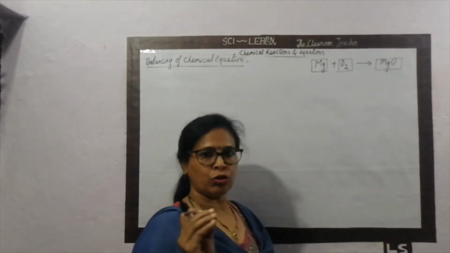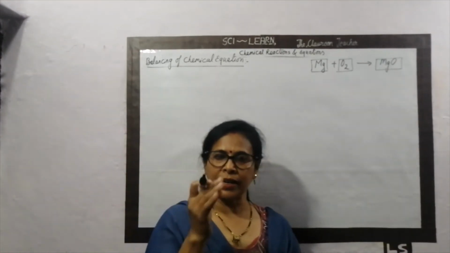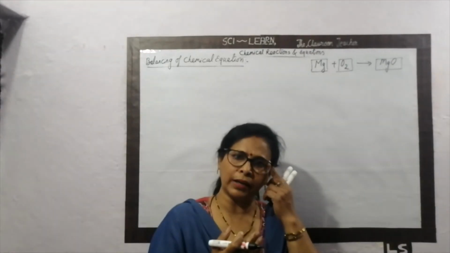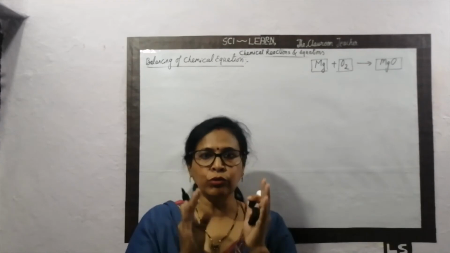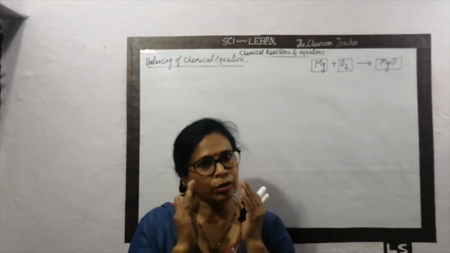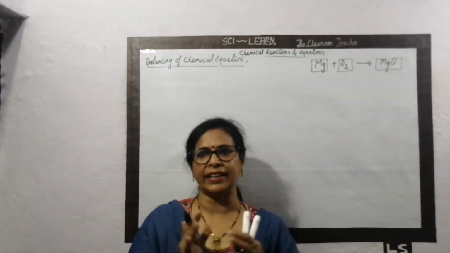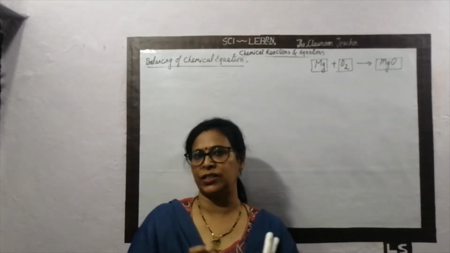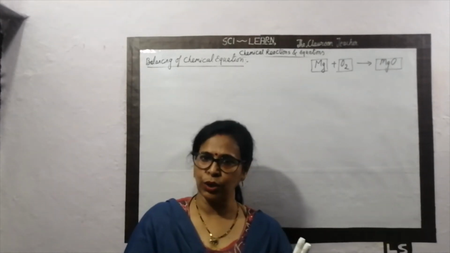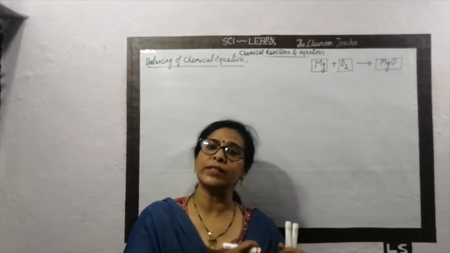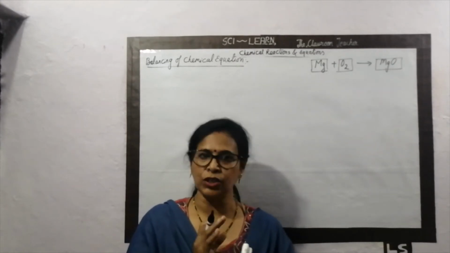You have to draw boxes around the formulas and symbols, and you are unable to change anything inside the boxes. Whatever change is going on, you have to mention outside the boxes. Okay, that is the first rule.